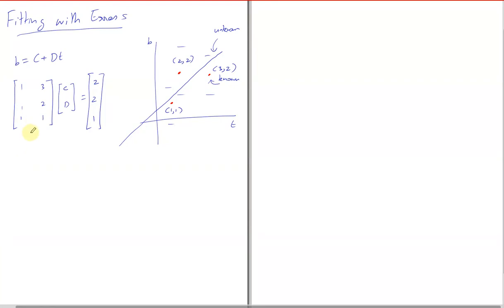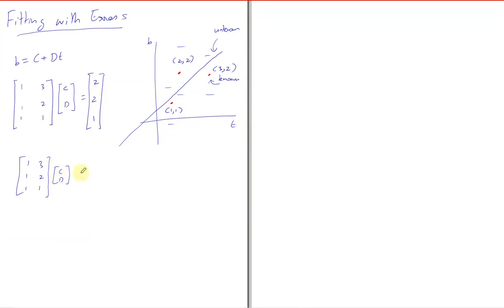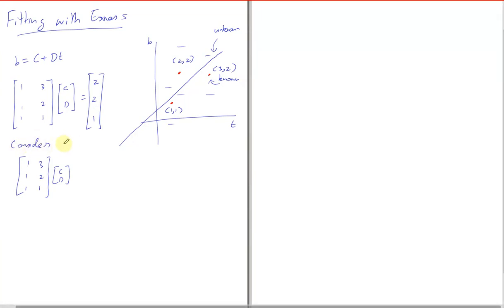The important thing to note is, if you look at all the vectors (1,1), (1,2), (1,3) times (C, D), you look at all the vectors you can obtain like this. Consider all vectors in the range of the matrix.